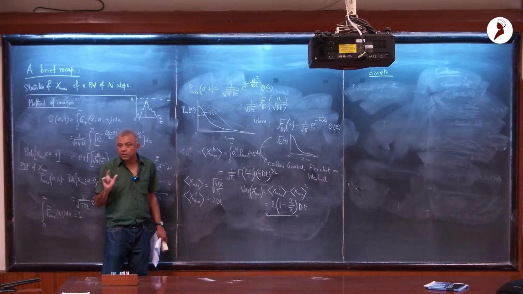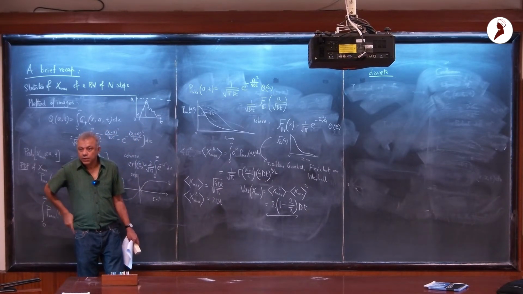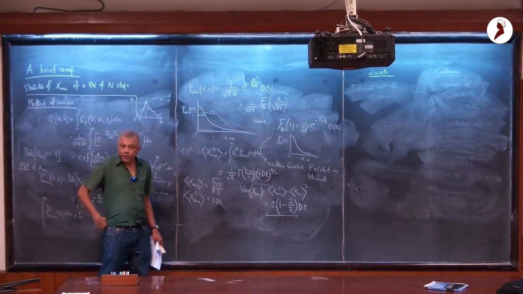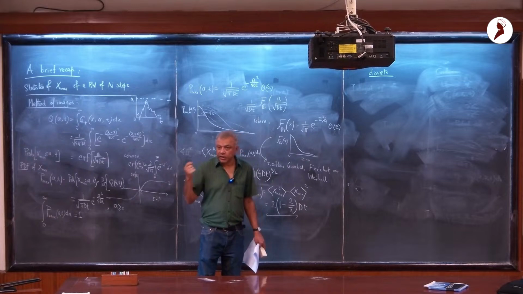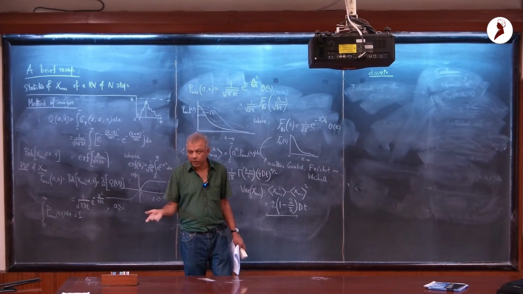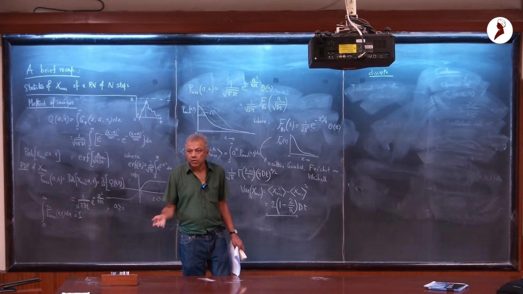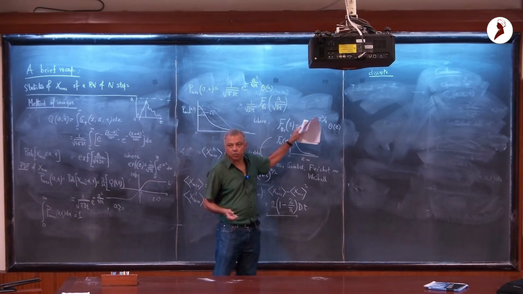I'm not going into that. But that also will have universality for different distributions. If you take a discrete random walk and put a drift, then again in the large n limit, they all converge to Brownian motion with a drift. That leads to a universal result, but it won't be the same function because this is without drift.